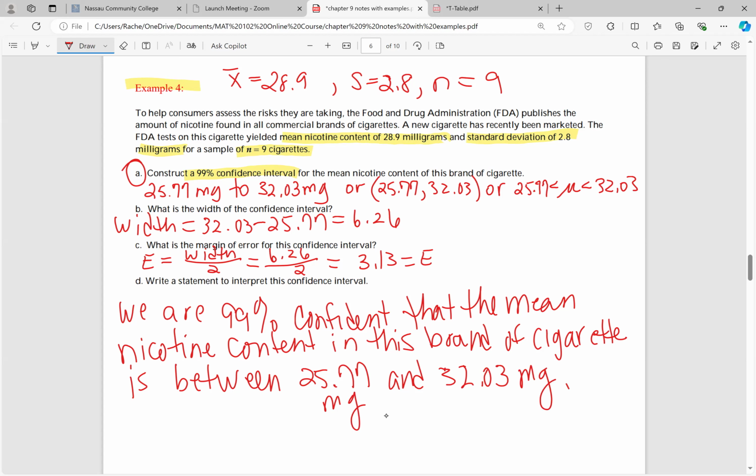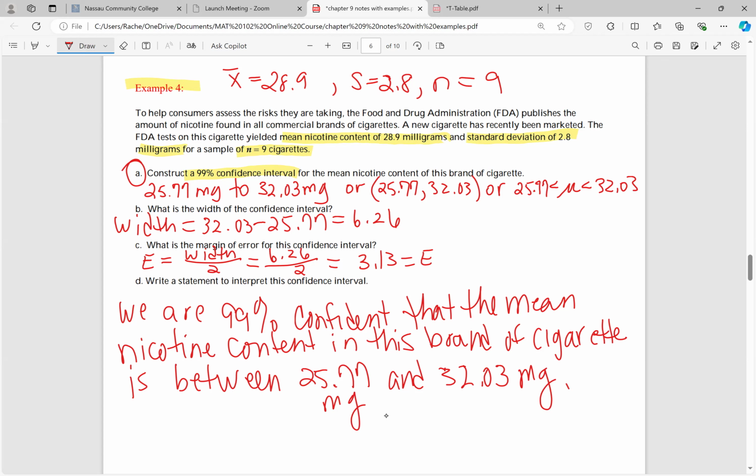So that's our interpretation. We are 99% confident that the mean nicotine content in this brand of cigarette is between 25.77 milligrams and 32.03 milligrams.